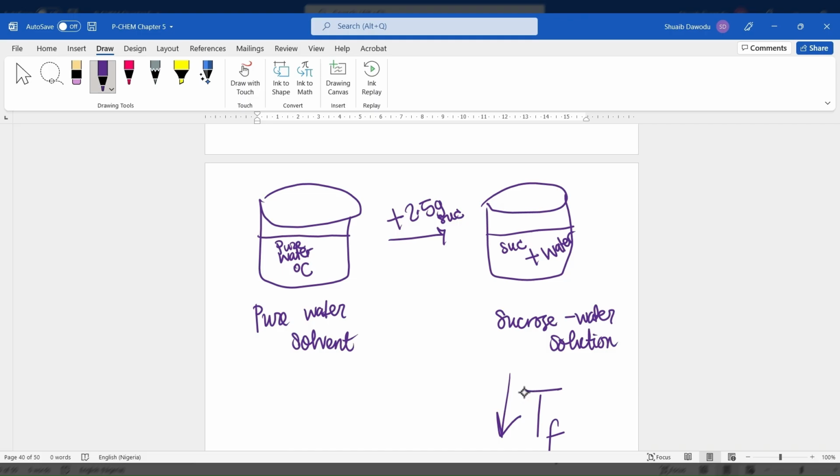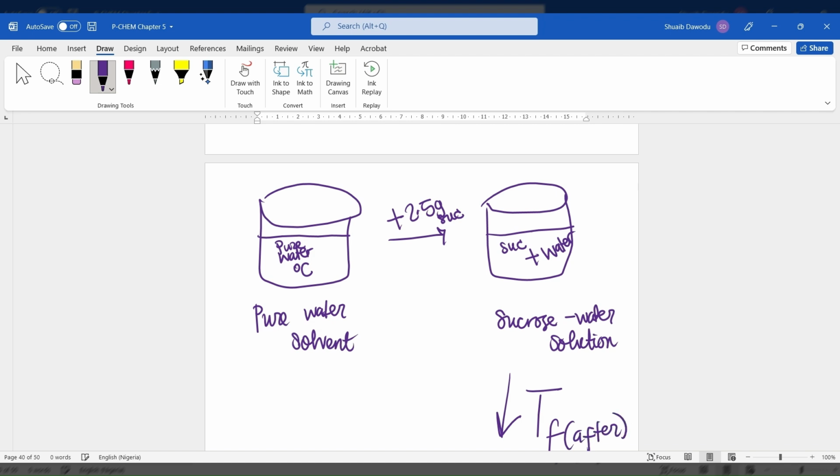If you start at a particular temperature when you're dealing with a pure solvent, or pure liquid, if you add anything, that thing makes that pure solvent become impure and makes it a solution, hence decreasing the freezing point temperature. Meaning, if it takes 0 degrees Celsius to freeze water, expect that the value of the freezing point after mixing has occurred, or after the addition of a solute, is going to be less.